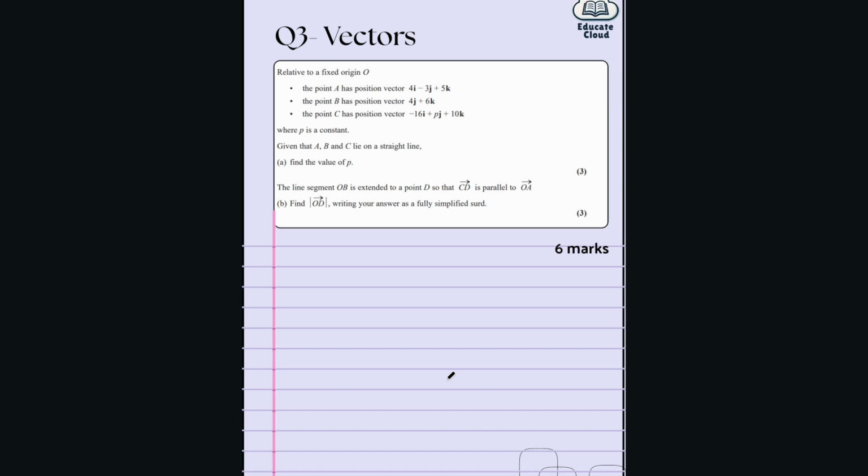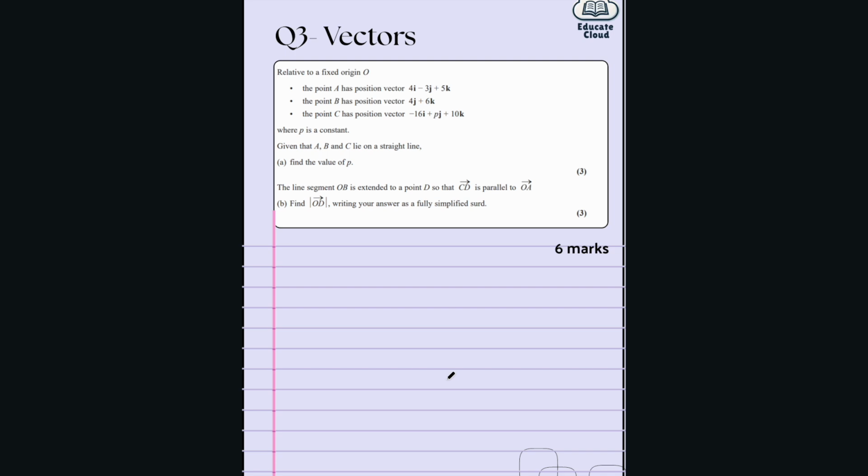Okay, question 3 on vectors. Again, quite a difficult question, but it is using skills that you have already done. So firstly, it says relative to a fixed position O, the point A has a position vector 4i minus 3j plus 5k.